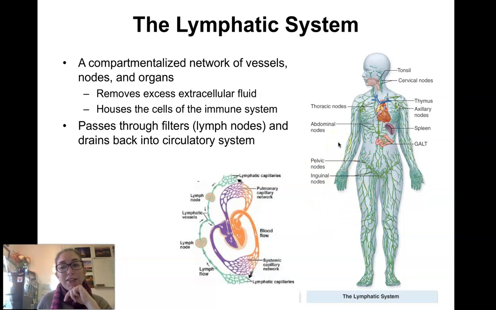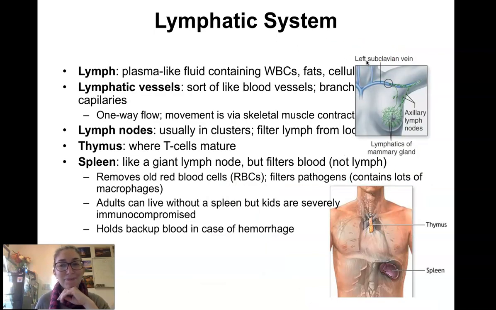This is also why you find white blood cells in the blood, why they're called white blood cells, because they do circulate through the blood as well. There's far more in the lymphatic system, but there are some patrolling around in the blood as well. And when you have an infection, that number of white blood cells in the blood will go up. This is just to say that this picture is wrong. There are lymphatic vessels in the head and the brain as well.